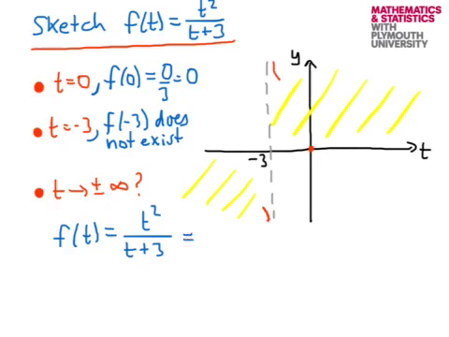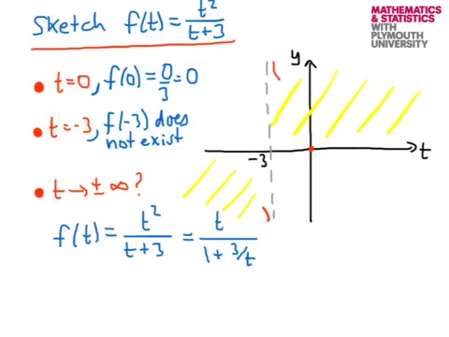So in the numerator, dividing by t, we get t. And in the denominator, dividing by t, we have 1 plus 3 over t. And doing this has not changed anything. We've just divided top and bottom by t, and we have an exact algebraic equality.